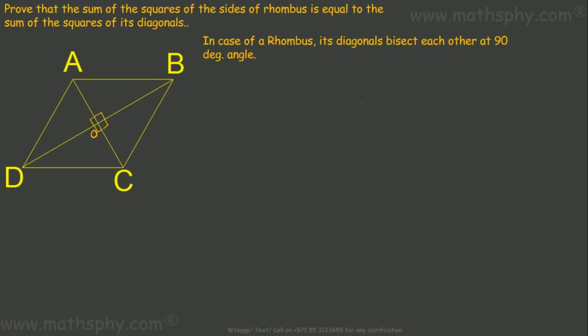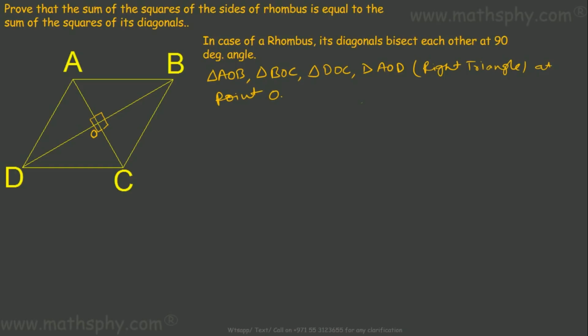Now, I'll write here triangle AOB, triangle BOC, triangle DOC, and triangle AOD. All will be right triangles at point O.